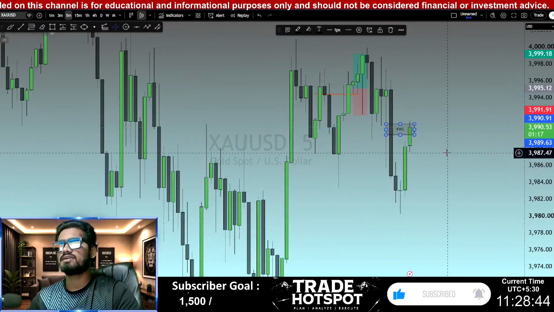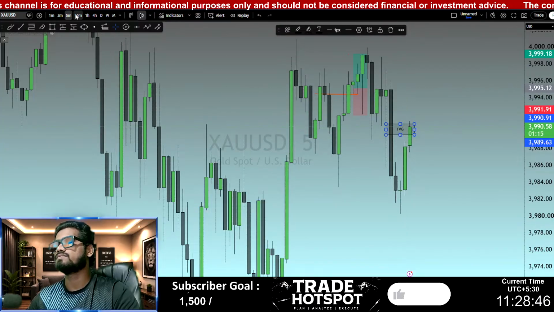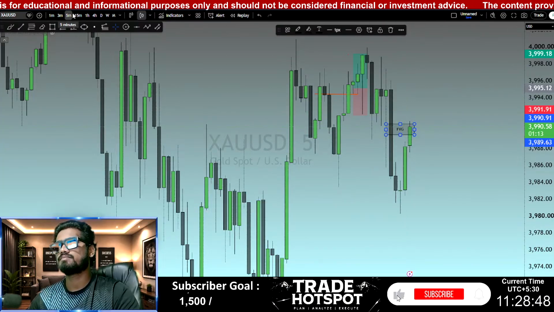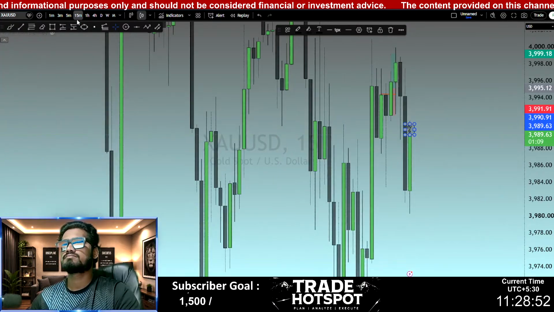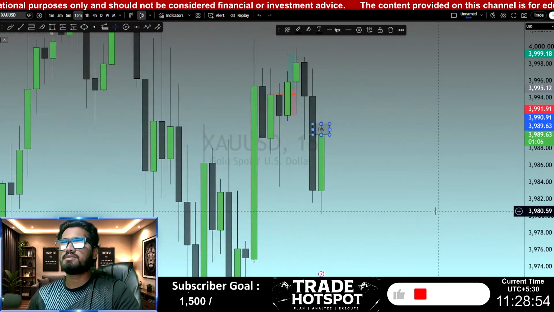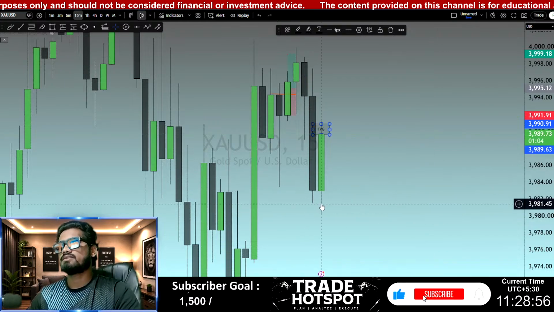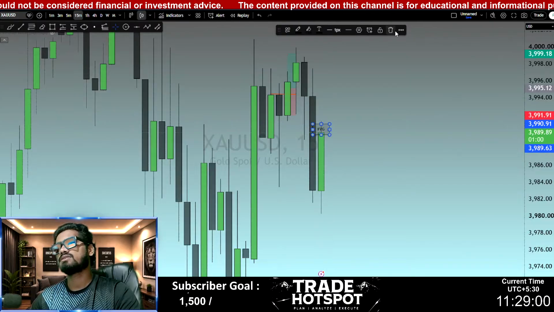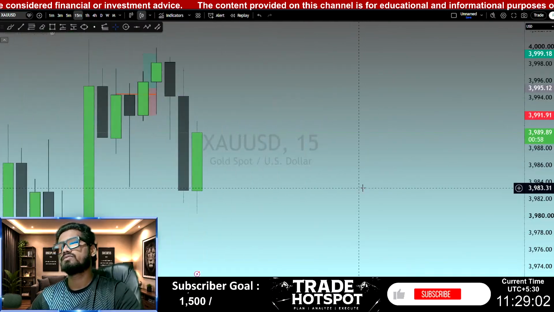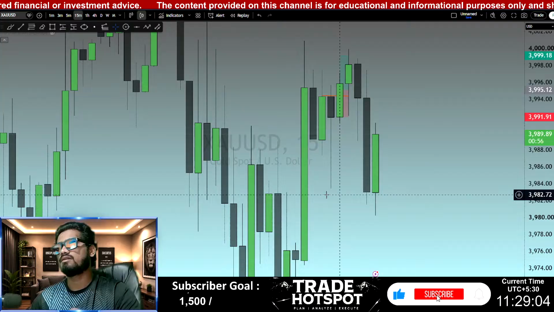Okay guys, you can see the candle is turning into the green right now, so there will be chances to move up. And this 15-minute candle is also going to close, and this is a liquidity sweep here on 15-minute. You can see that. So we can think for buy here.